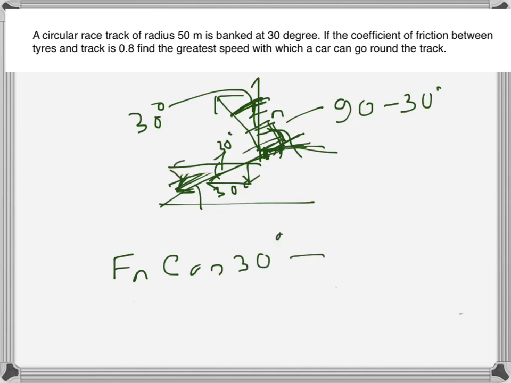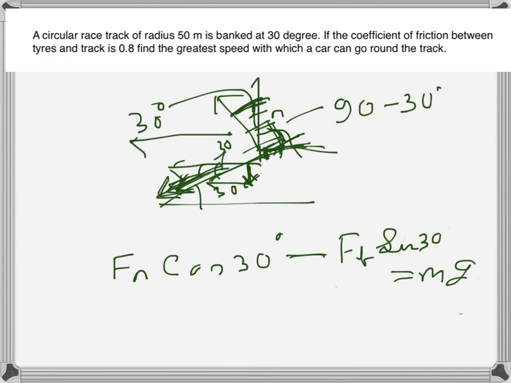Then Ff, the frictional force, whose vertical component is in the downward direction, so if I take upwards as positive, it will be negative, Ff sin 30 degrees, because the frictional force makes 30 degrees with the horizontal line, and that equals mg. Then of course the centripetal force is in the horizontal direction, that's mv squared over r.